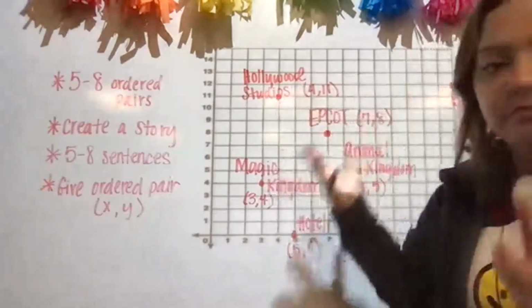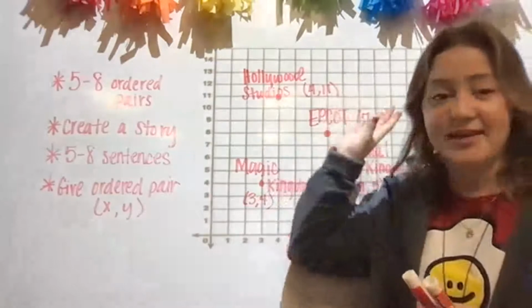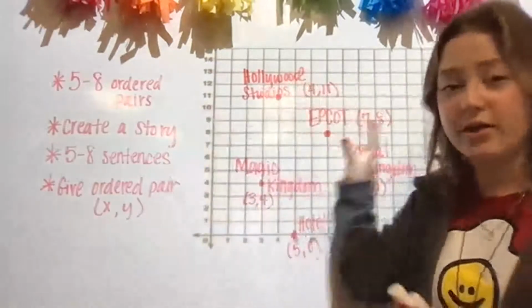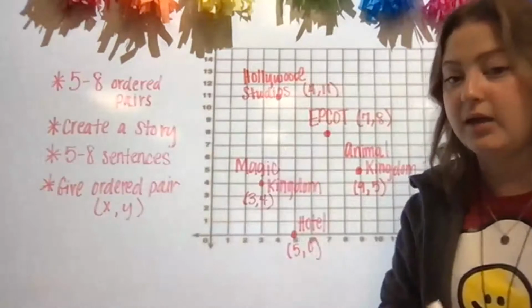So boom, I have 5 sentences right there, okay? However, you're not going to just speak out and orally tell it to me just like I did. You're actually going to write it down for me, okay?